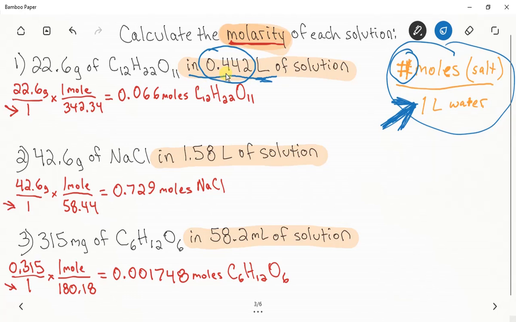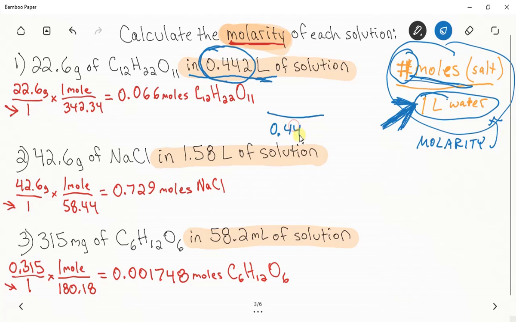In this problem, we are only putting in 0.442 liters of the solution, so we're going to put that on the bottom of our fraction bar. Because remember, molarity is the number of moles of something you put in over 1 liter of water. So if we only put in 0.442 liters of water, we need to keep that on the bottom of the fraction.